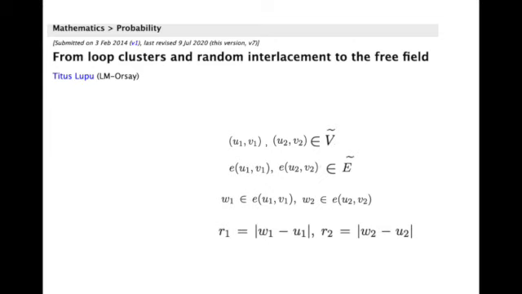And then we'll fix some points w1 and w2, which are points within the edges that we gave in the previous slide, in addition to finally defining the quantities r1 and r2, which are given by the absolute value difference between w1 and u1, in addition to the absolute value difference between w2 and u2.